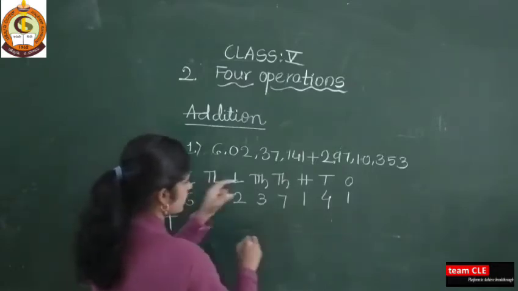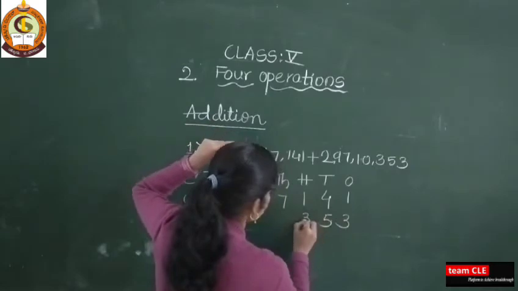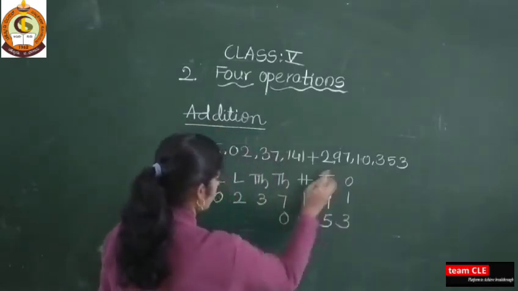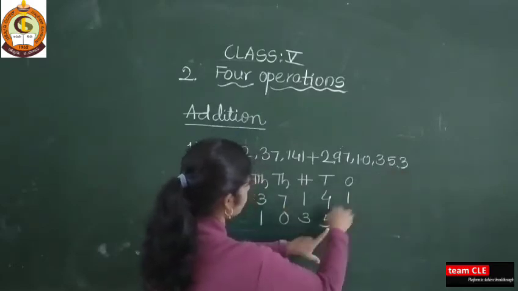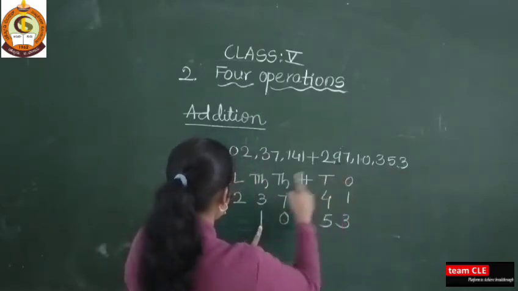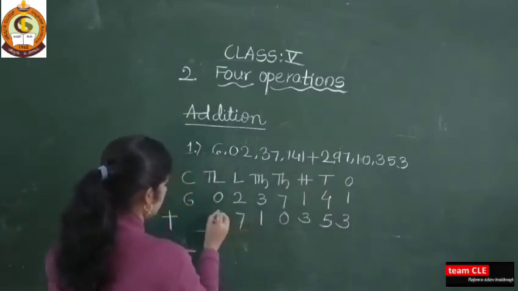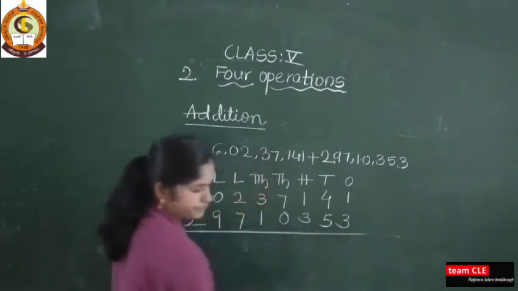Again you add this. Here take this 3, 5, 3, 0, 1, 7, 9, next 2. Add this number.